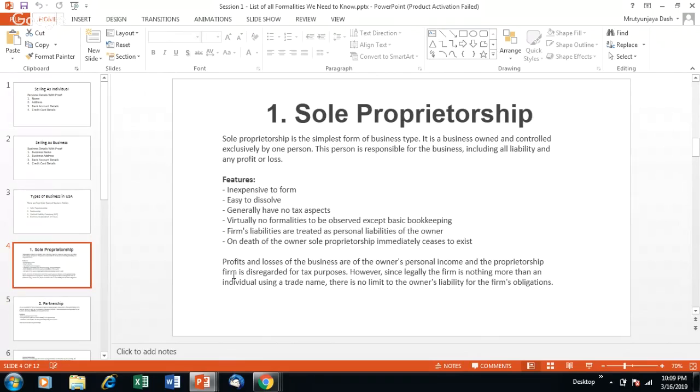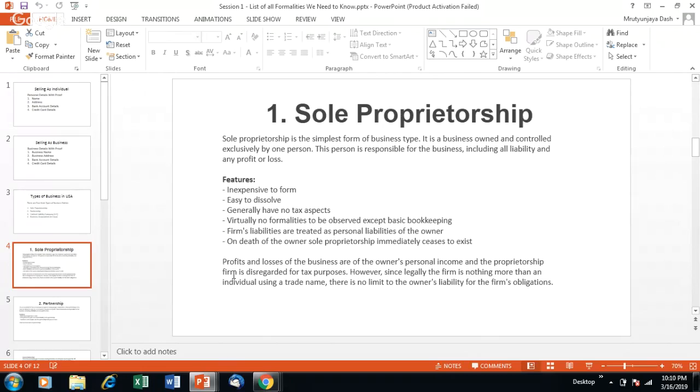In most scenarios, if any customer files a lawsuit against your product, say the product is related to health and has had some bad impact on the body, and they file a lawsuit against you, the sole proprietor.